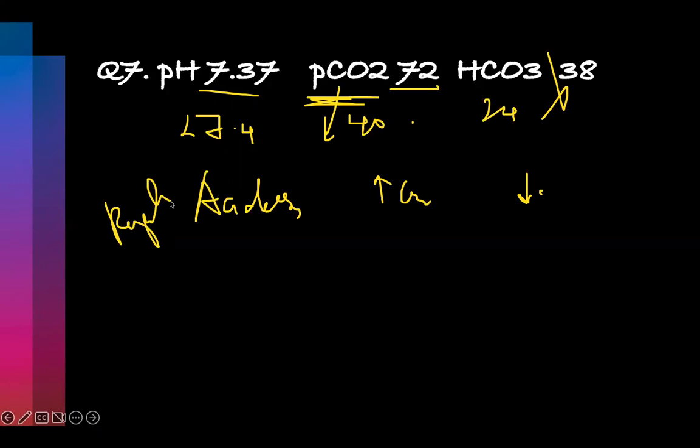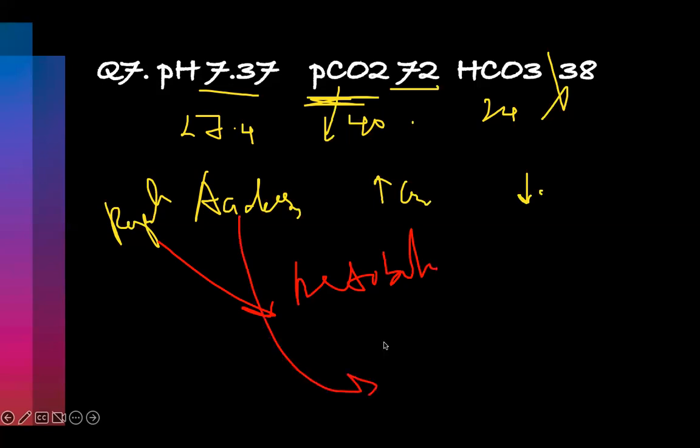So now you say, I've found the problem, respiratory acidosis. I've got to compensate. I have respiratory, I have metabolic, opposite. I have acidosis, I should have alkalosis. What is metabolic? Who is causing the metabolic? It's always bicarb. What is alkalosis?